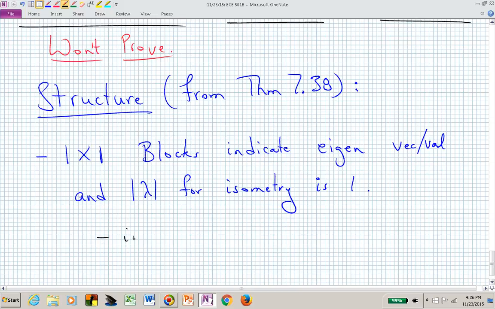Which really means when we're dealing with the real inner product space, our only option for these 1-by-1 block eigenvalues is for those eigenvalues to be either +1 or -1.